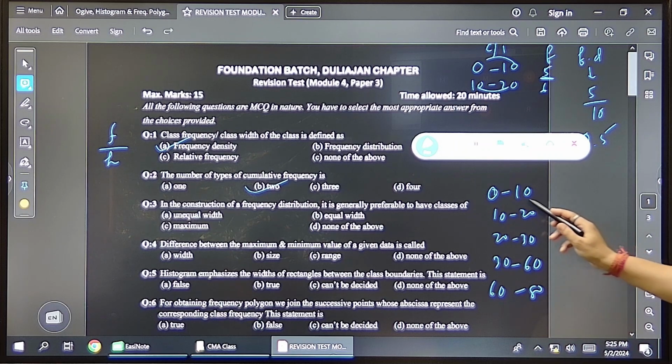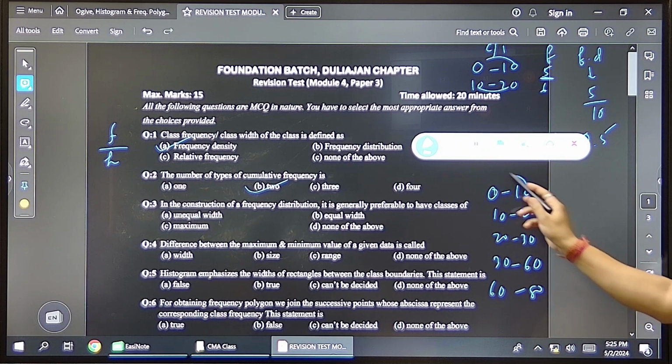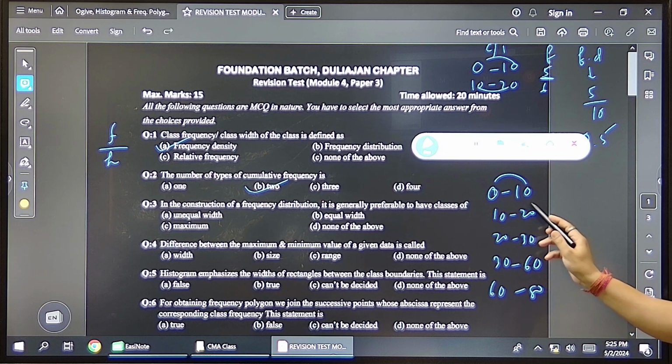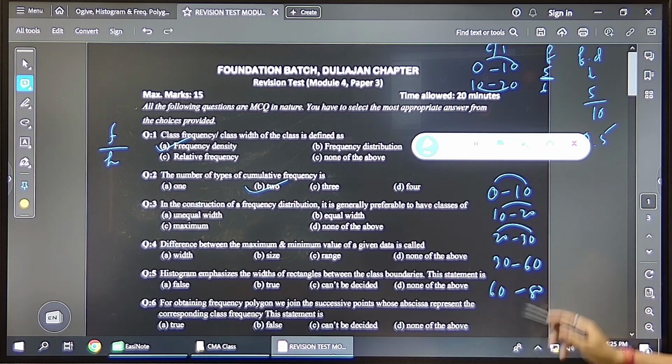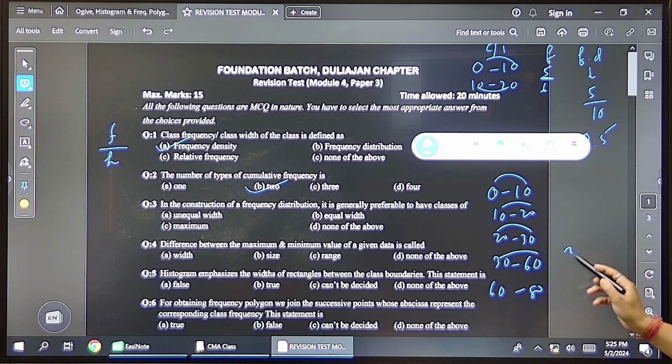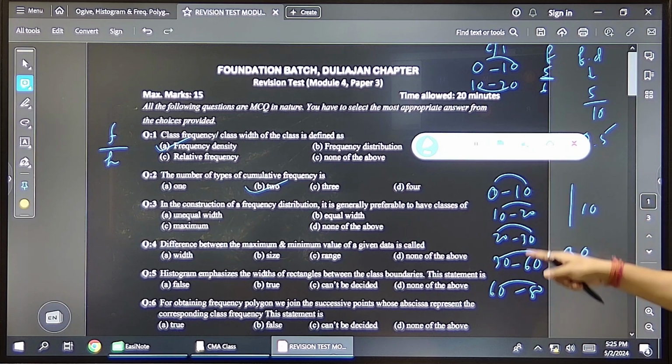Look at the class sizes: here it is 10, here 30, here 20. Which one are we comfortable making? If all were equal, 10, 10, 10, 10, it becomes easy for us to do.